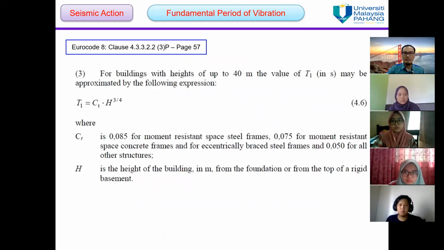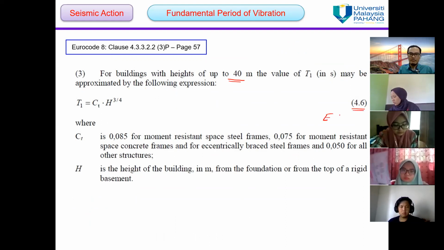Okay, as I mentioned before, for buildings with height up to 40 meters, the value of T1 may be approximated by the following expression. This is equation 4.6 from Eurocode 8.